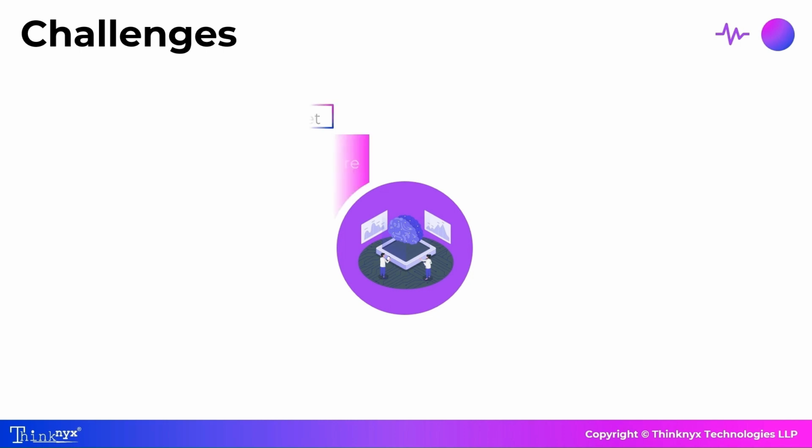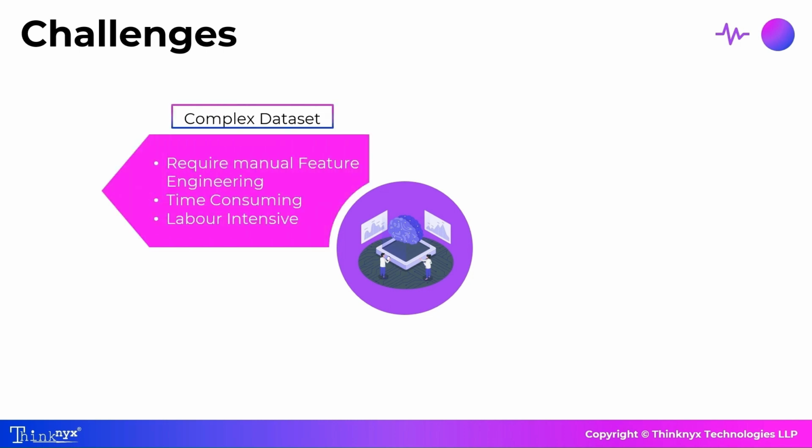The first challenge is ML's inability to deal with complex datasets. Traditional ML algorithms often require manual feature engineering, where domain experts handpick relevant features from the raw data for the models to get trained on. This process is time-consuming, labor-intensive, and may not capture the necessary patterns present in complex datasets.